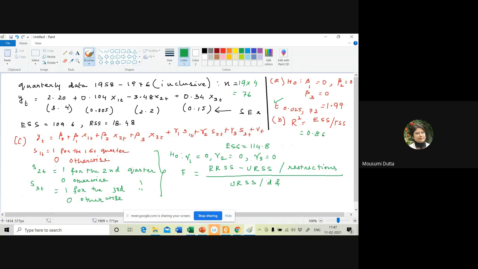In terms of dummy variable, the fourth season is the reference season. When all S1T, S2T, S3T are equal to 0, we get the intercept beta naught, and that beta naught is the intercept for season 4, and that is the reference category in terms of dummy variables.